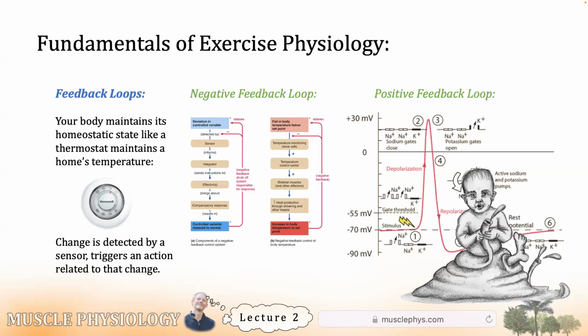Or if you get cold, on the other end of that, you'll shiver to increase body temperature, to balance it, to stay in that homeostatic window. Or sugar. Think about sugar. If your blood glucose gets too high, you release insulin. If it's low, you release glucagon to maintain that sugar level in its normal, narrow, homeostatic range.